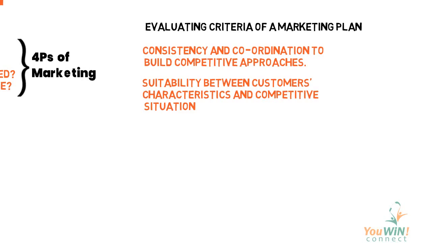Finally, you must consider the possibility of achieving the marketing plan's objectives. If the objectives cannot be achieved, the marketing plan needs to be reconsidered. If it still fails, the company needs to reconsider its own objectives.